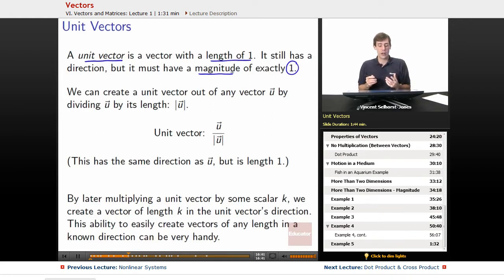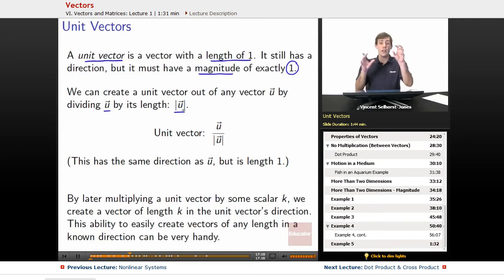We create a unit vector out of any vector u by dividing u by its length. Remember, if we divide by a number, that's the same thing as just using a scalar. We're multiplying by 1 over the number we're dividing by. So previously, we could scale. If we know its length is 10, and then we divide it by 10, we're going to get something whose length is 1 now. So we've got a vector u, some vector u that is some length, but then we divide it by that length, because the magnitude of u is just its length.